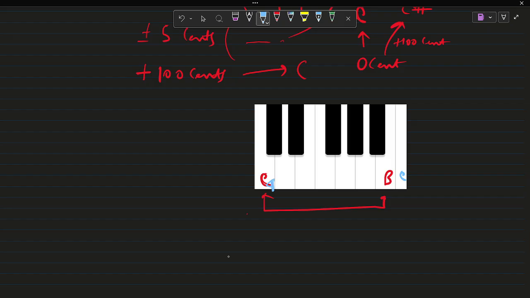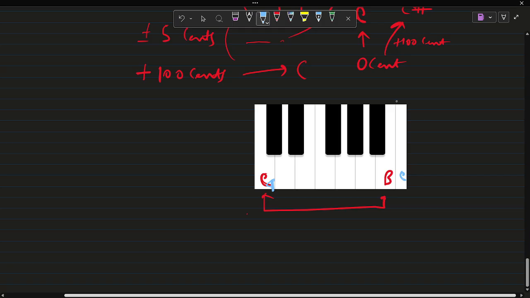So this is your C4. When this octave gets completed, you have shifted to the next octave, higher than your C4, and the starting note will be C5. If the frequency of this note is F0, then the frequency of this note will be twice F0. So one octave doubles the frequency.